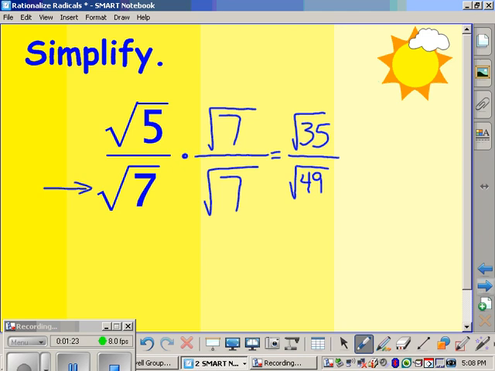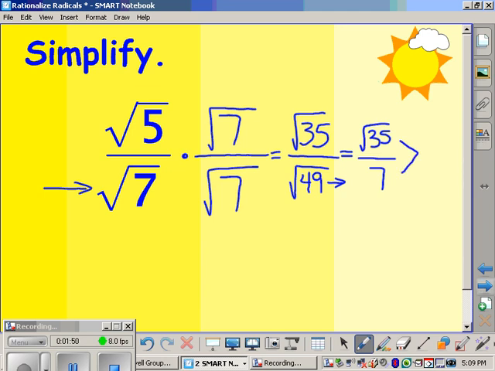Now, if you try to simplify radical 35 using a factor tree, you will see that you cannot simplify it any further than just radical 35. So we will leave our numerator alone right now. In the denominator, however, radical 49 is a perfect square, and that changes to 7.